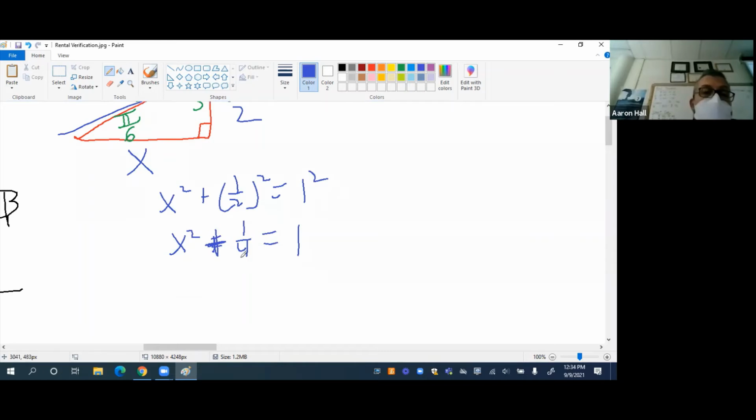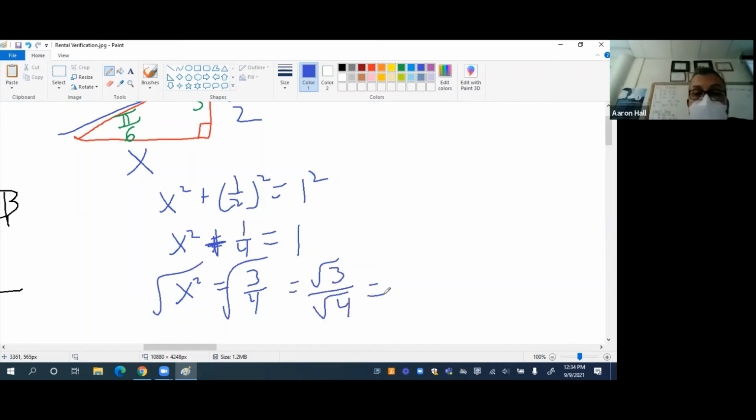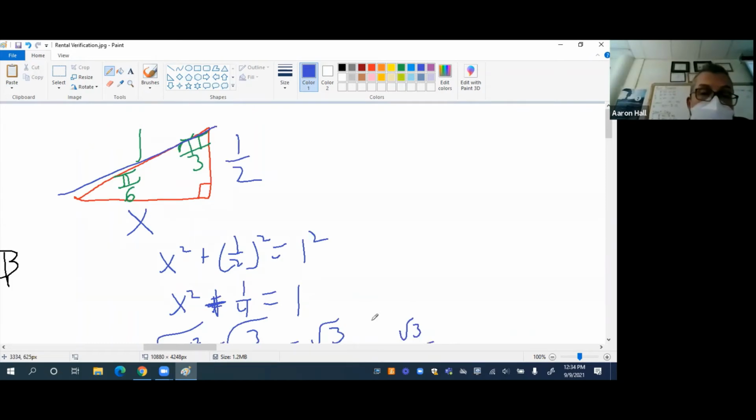And then I subtract 1/4 from both sides. So that gives me x squared equals 1 minus 1/4, which gives us 3/4. And then we take the square root of both sides. That gives me the square root of 3 over the square root of 4. What's the square root of 4? 2. So I have the square root of 3 over 2. So this length over here is the square root of 3 over 2.